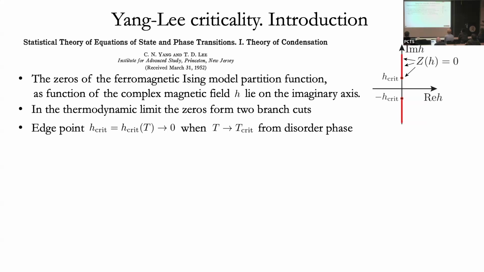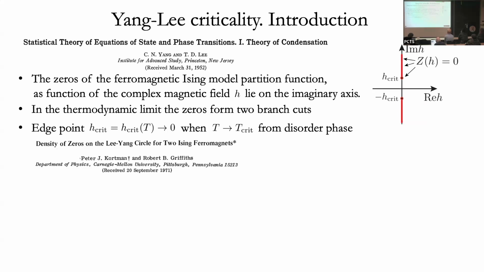Because of that, you're going to find some non-analyticity in your free energy and thermodynamic properties like the specific heat. So if you're in the paramagnetic phase, the branch cuts are away from the real axis, but they move closer once you converge to the critical point of your Ising model.